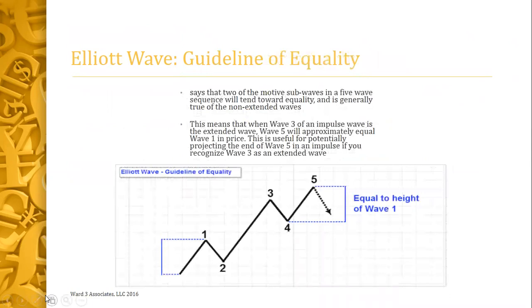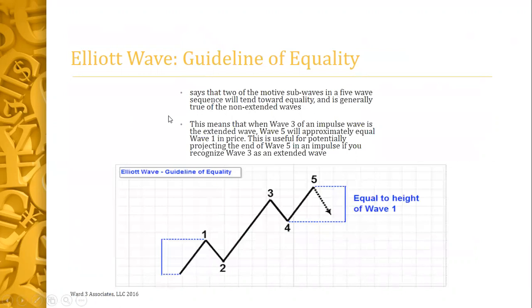All right. So here's the guideline of equality. This refers to basically market geometry. It refers to price. The guideline of equality says that 2 of the motive subwaves in a 5-wave sequence will tend toward equality, and this is generally true of the non-extended waves.